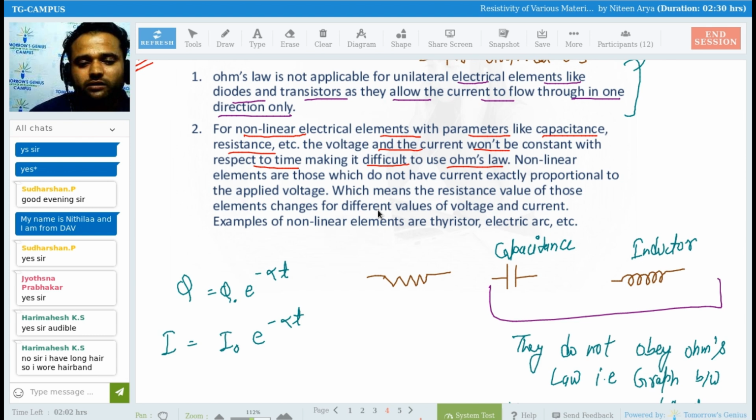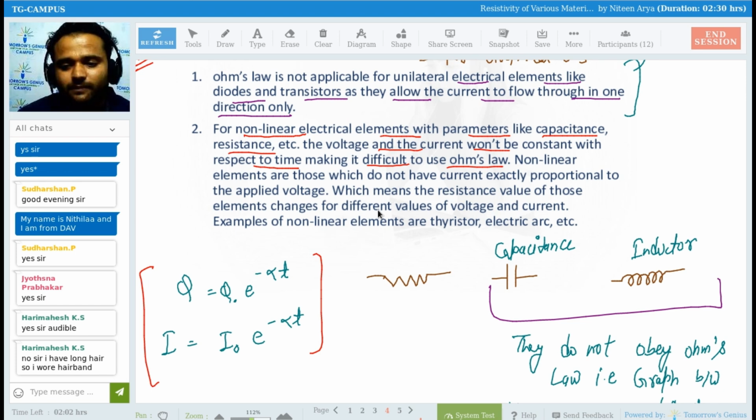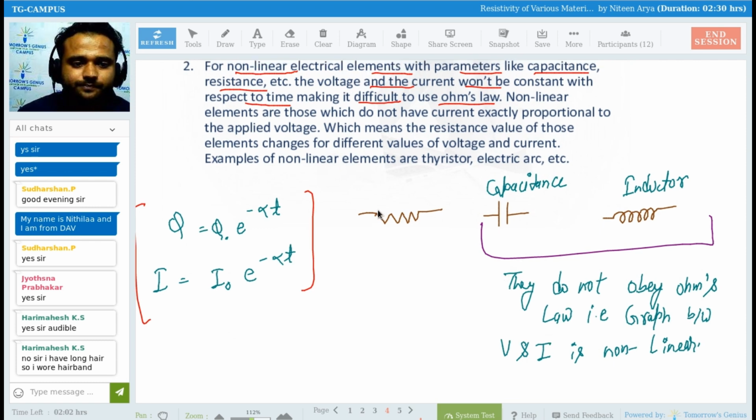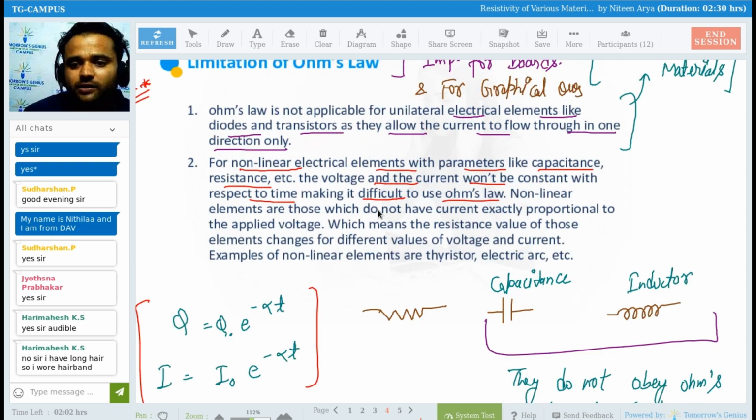Alpha is time period, or you can say RC or something for capacitance. So this is not going to follow Ohm's law, as simple as that. This relation might be something else. I'm not sure about this, but the scenario is, in capacitance, in inductor, they do not follow Ohm's law. They do not obey Ohm's law, and the graph between V and I is non-linear. Clear, everyone? That is why it is important.